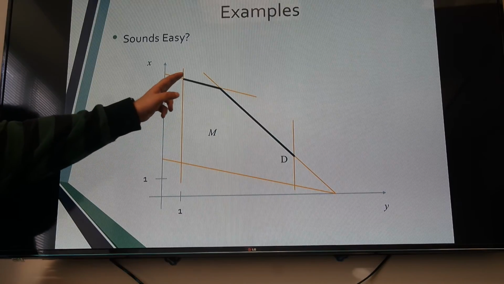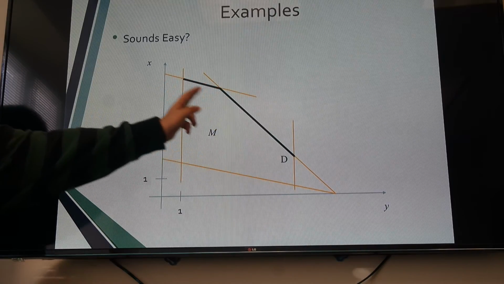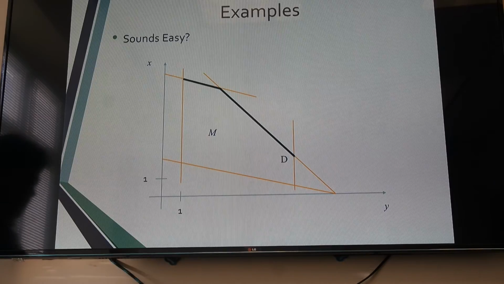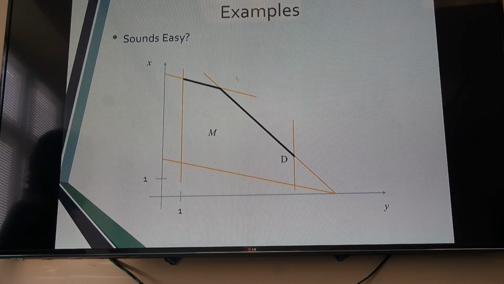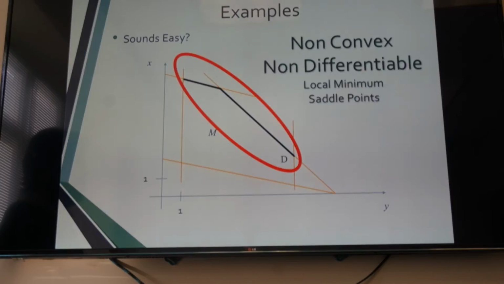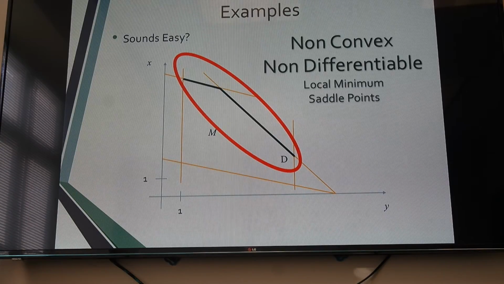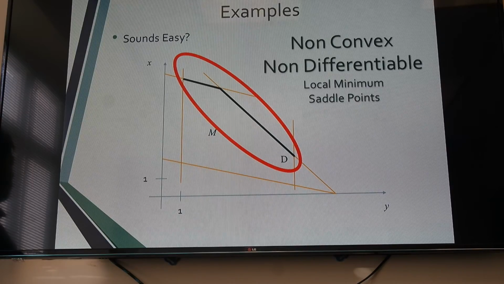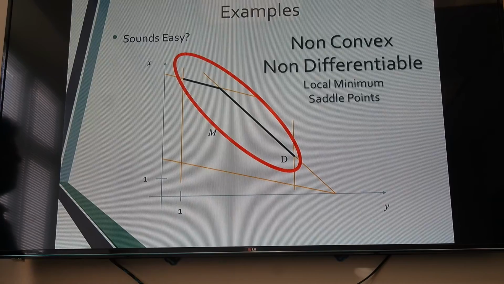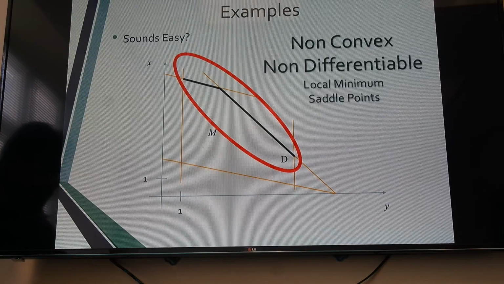When we plug them, they give us this piecewise linear function. If we concentrate on this piecewise linear function, we will find that it is non-convex, it's non-differentiable. So if we have an algorithm to solve, we cannot be sure if the solution that we get is a global optimum or local minimum or a saddle point.